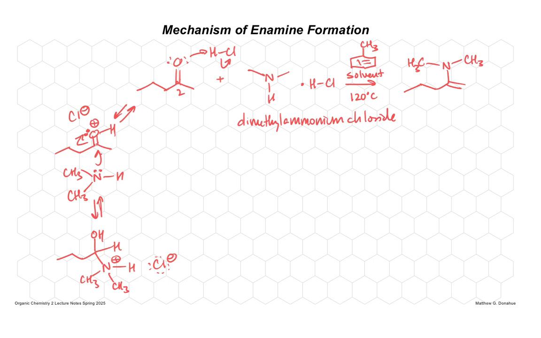So we'll do some shuffling of the hydrogens around now. We have to get one off of the nitrogen so it becomes neutral, and then one onto the oxygen so we can get rid of it.